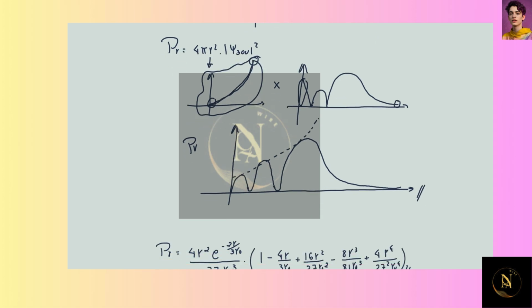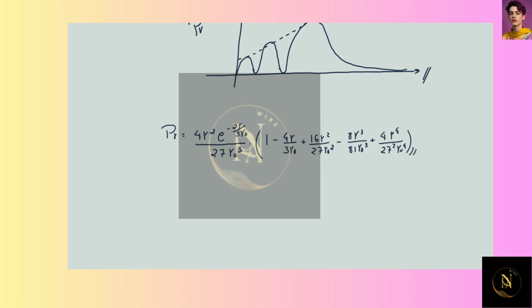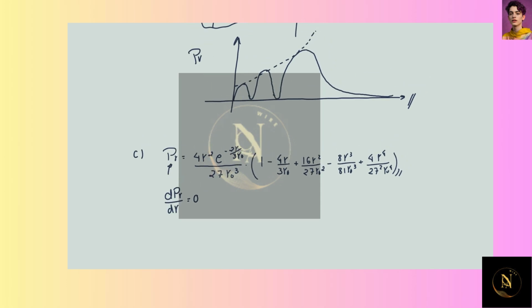Now we have to solve and discover what is the most probable radius for the electron. And to do that, we have to solve the following equation. The derivative of P(r) with respect to r equals 0. Note that by taking the derivative of P(r) with respect to r, we will get a very complex polynomial, and it has no exact solutions.